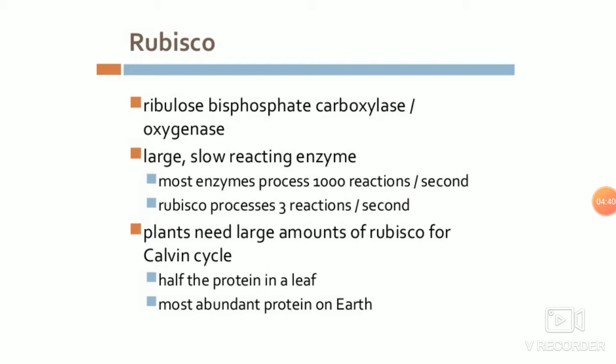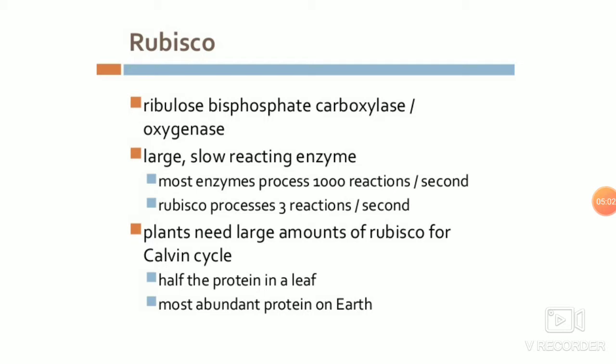Ribulose bisphosphate carboxylase is also called oxygenase. Further in the slides you will see the oxygenase part of the activity. It can take up carbon dioxide, or it can also take up oxygen at the active site, adding oxygen to ribulose 1,5-bisphosphate. It is the most abundant enzyme on earth.